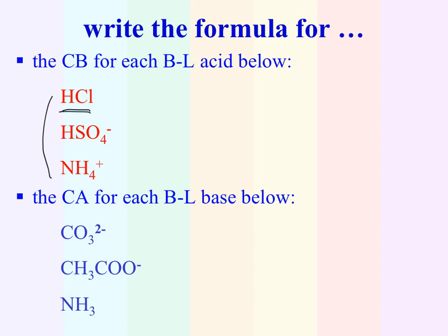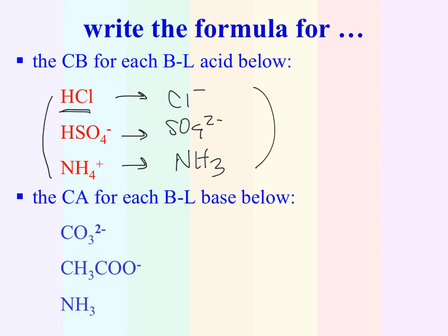So if HCl donates its H+ to the base, whatever that base may be, it's going to produce Cl- as its conjugate base. If HSO4- donates its proton, it's going to produce SO4 2- as its conjugate base, right? And if NH4+ ion is our acid, it's going to produce NH3 as our conjugate base.